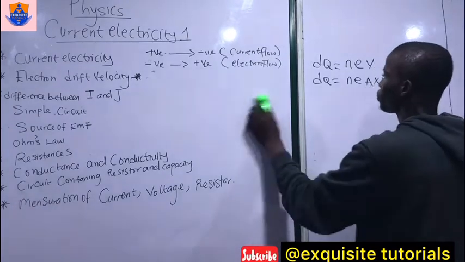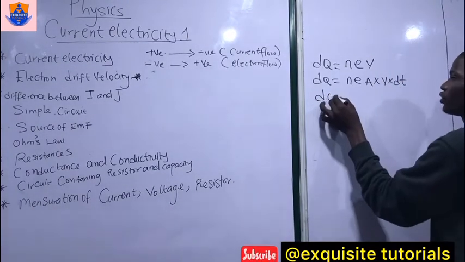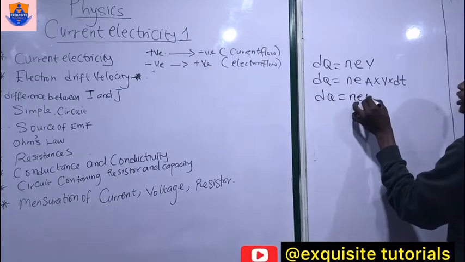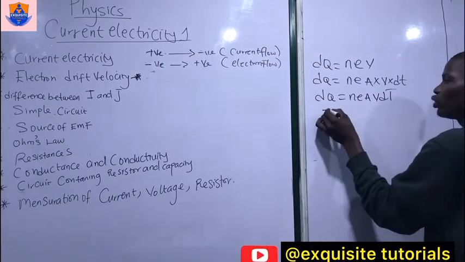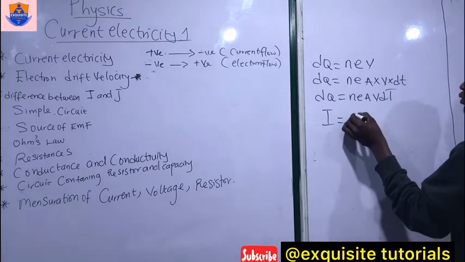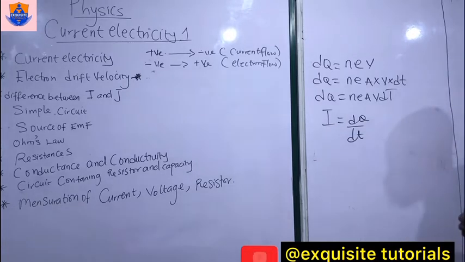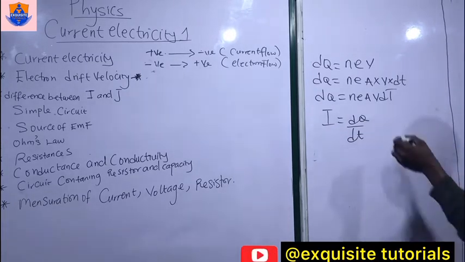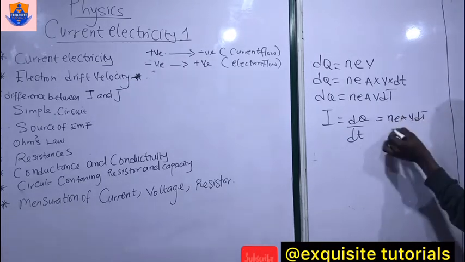So the quantity of charge, dq, is therefore equal to NeAV dt. The current flowing through any conductor is therefore equal to dq over dt.